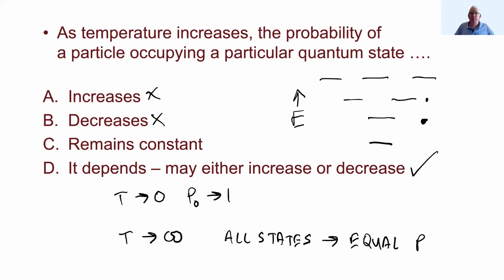If all the probabilities were going to increase at the same time, that would somehow mean I was getting more particles, which I'm not. If I pictured a set of 5 particles all starting in this state, and I start raising the temperature, the only way to have one show up here is to take it away from down there. Anytime one probability goes up, probability someplace else has to go down.